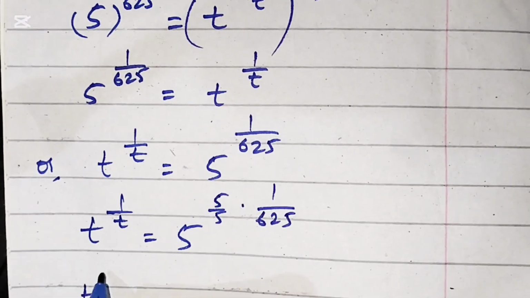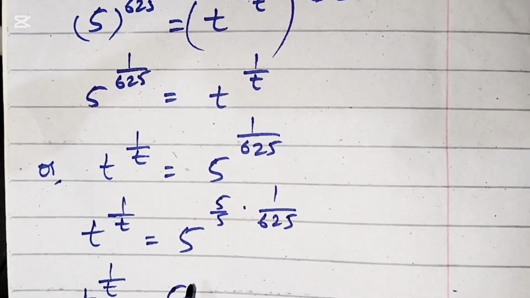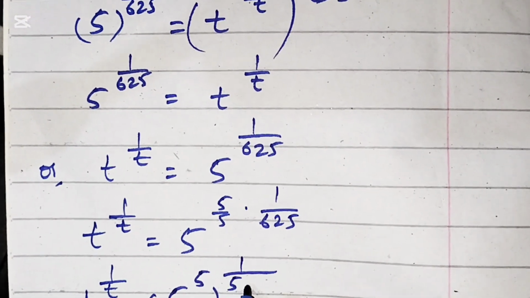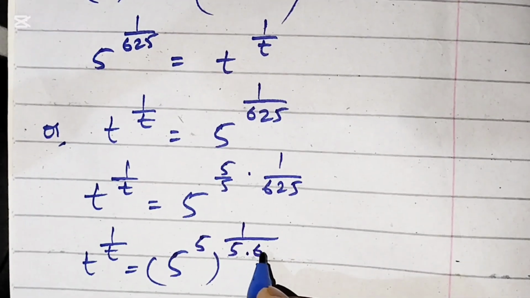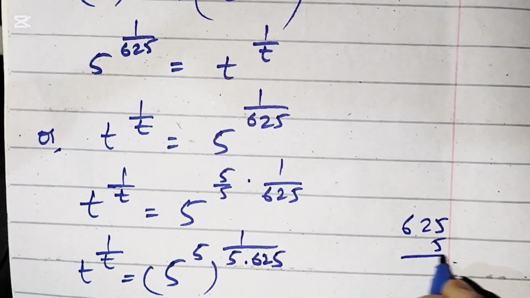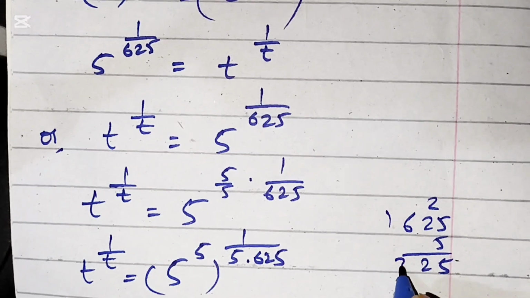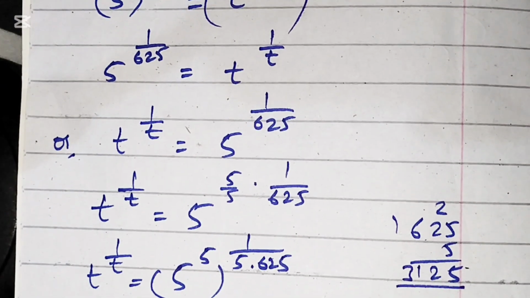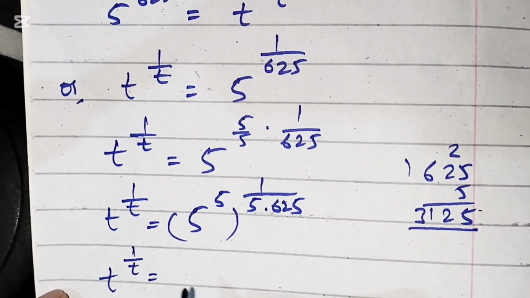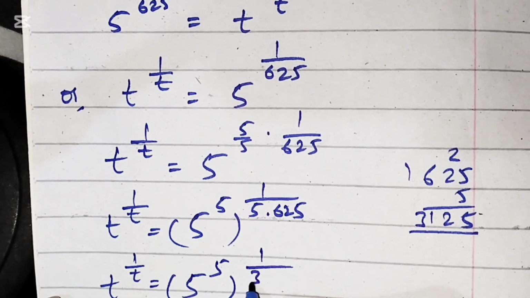Now in the next step we will write the right hand side as 5 power 5, whole power 1 over 5 times 625. 625 times 5 is 3125. So t power 1 over t equals 5 power 5 whole power 1 over 3125.